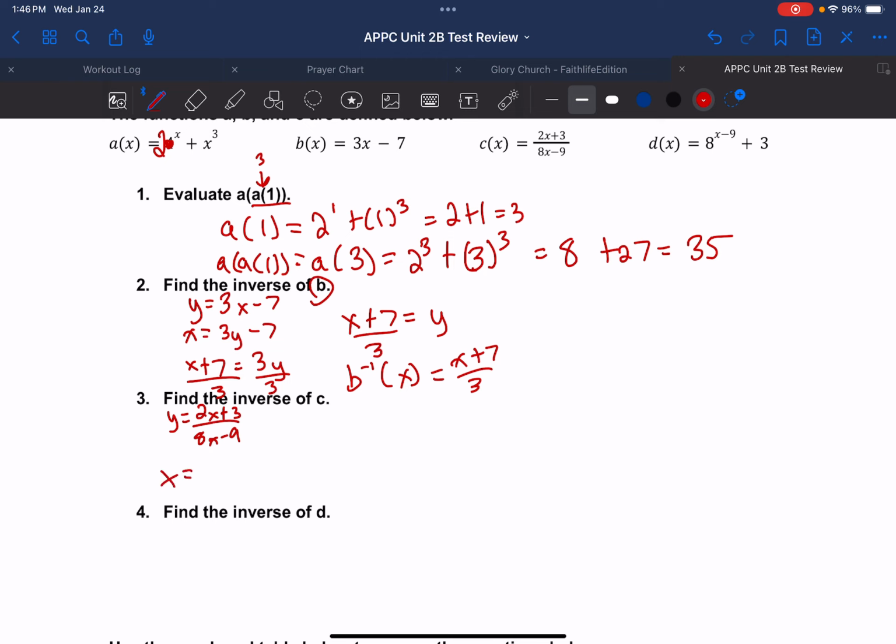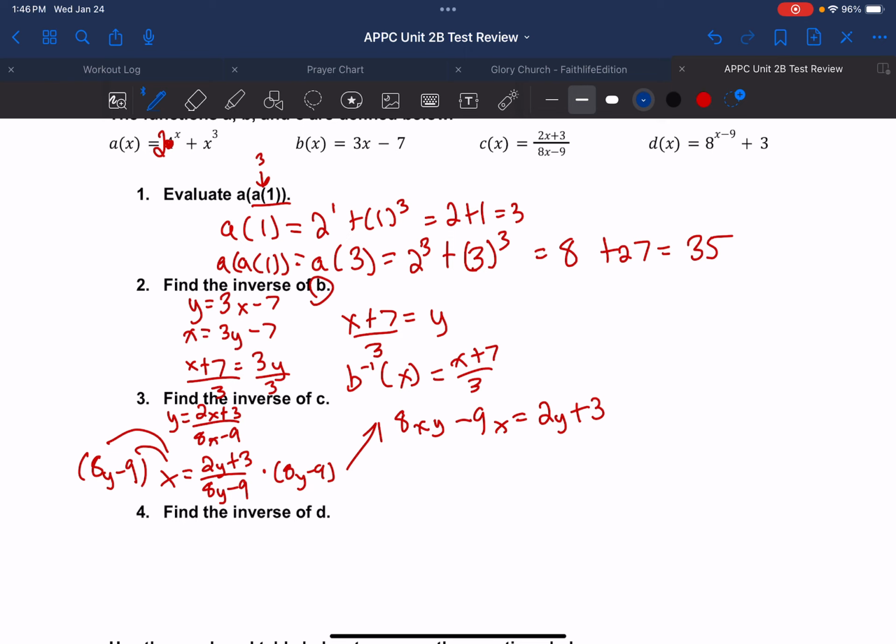So x equals 2y plus 3 over 8y minus 9. And then I'm going to multiply both sides by 8y minus 9 to get out of the denominator. So if I distribute here, I'm going to have 8xy minus 9x equals 2y plus 3.